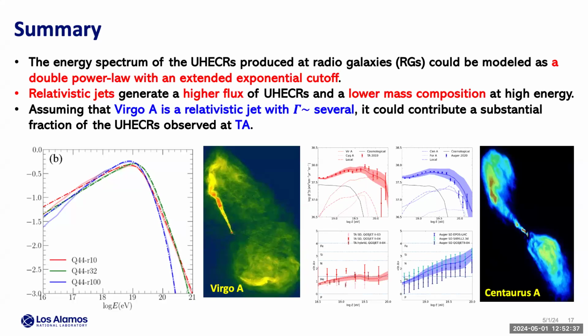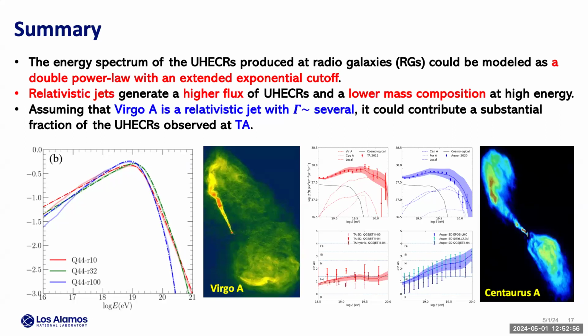The question is about three different kinds of physics to accelerate cosmic rays. The first is the shock, the other is the shear, and we also have turbulence acceleration.